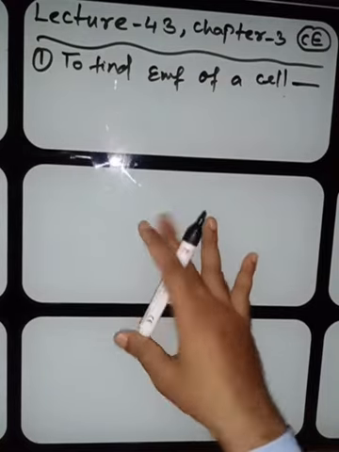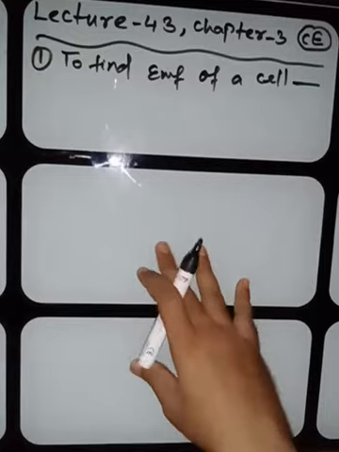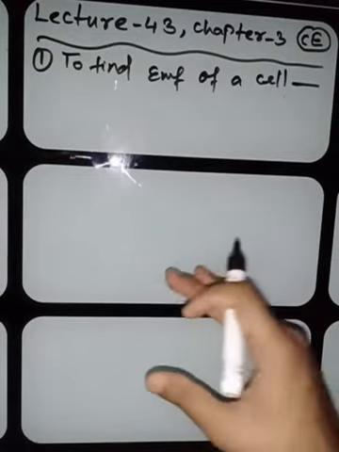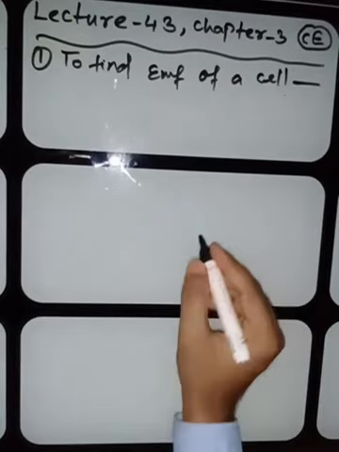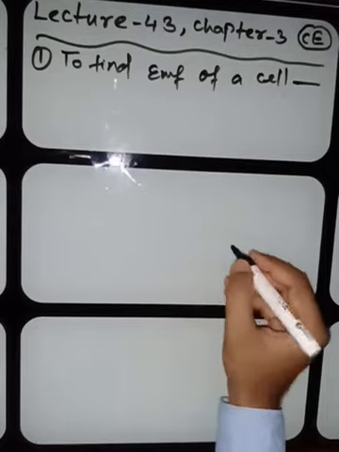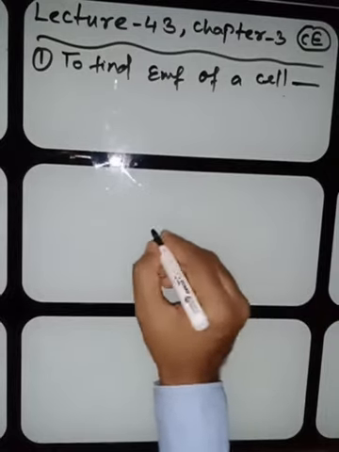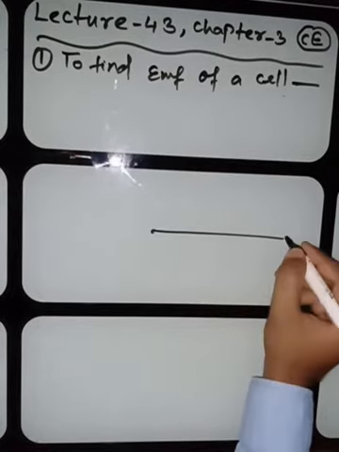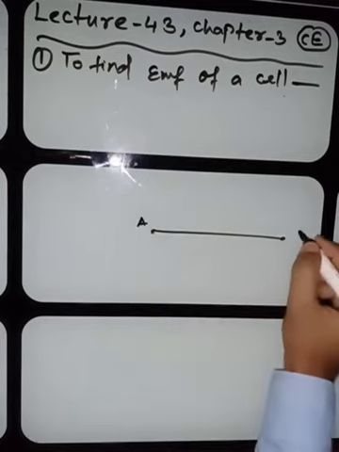I don't think you need a very detailed discussion again in this lecture 43. Okay, this is a potentiometer AB.